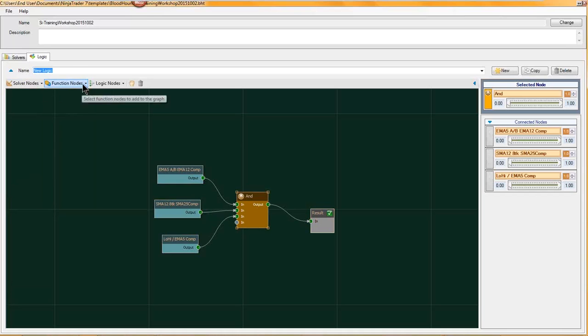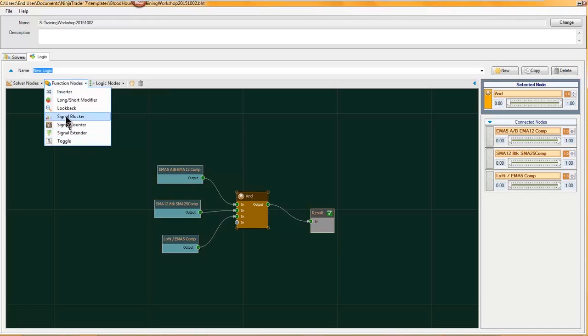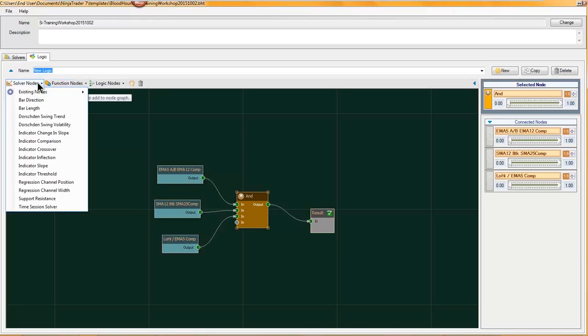Function nodes don't work with indicators, right? The solver nodes do the work with your indicators. These typically use indicators to do their work. There's a couple exceptions, like the bar direction and the bar length. That's not an indicator, that's the bar. But the rest of these are using indicators to do their work.